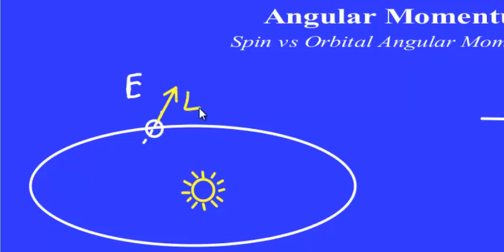So that would be L spin. But then there's another angular momentum that we get from revolving around the sun, and that's going to be straight up like that, and that's the orbital angular momentum, L orbital. So sometimes you have two types of angular momentum to consider.